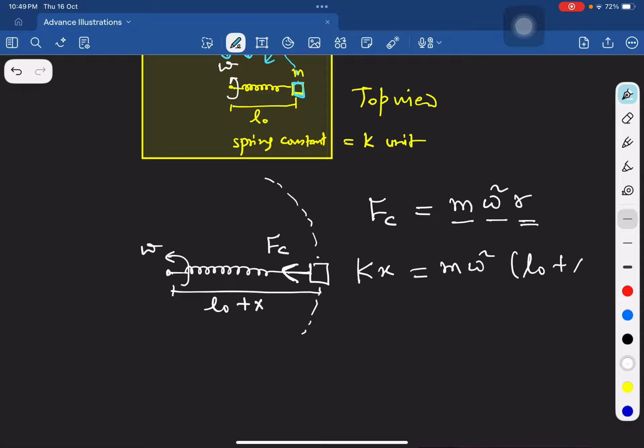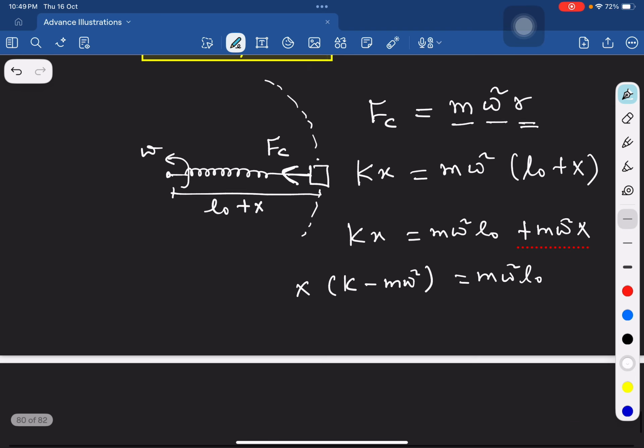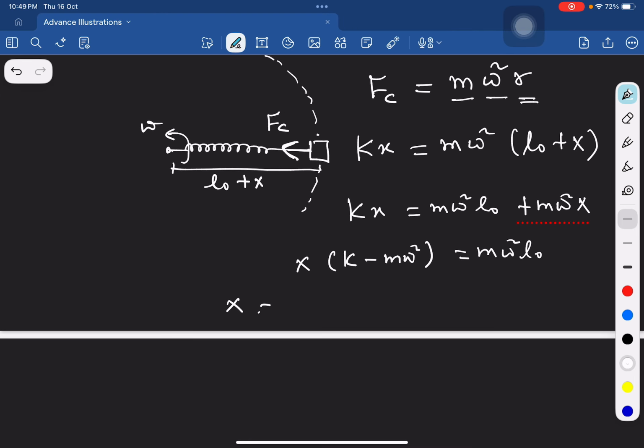From here we can say that k into x is equal to m omega square l naught plus m omega square x. So x will be, k minus m omega square is equal to m omega square l naught, so x is simply m omega square l naught divided by k minus m omega square.